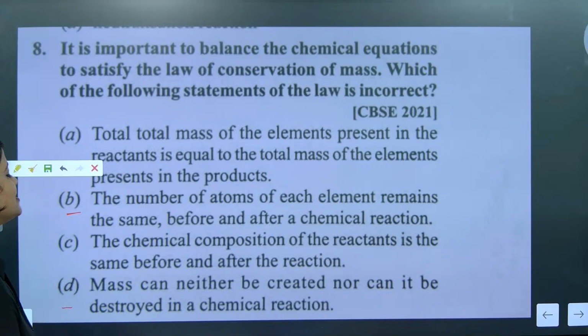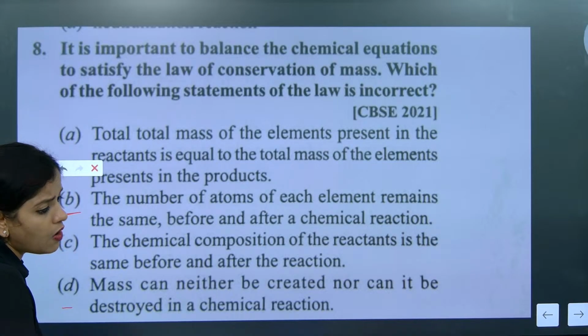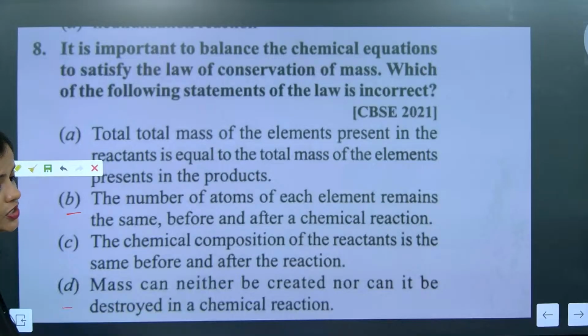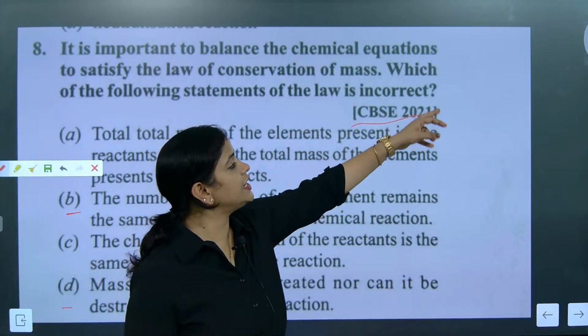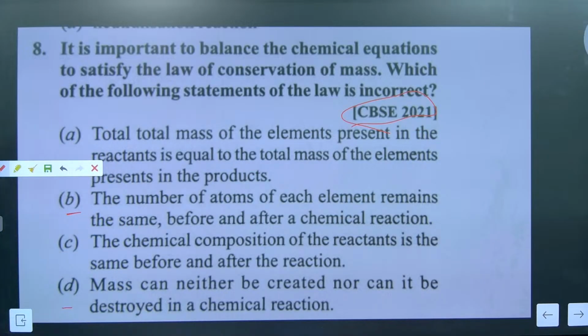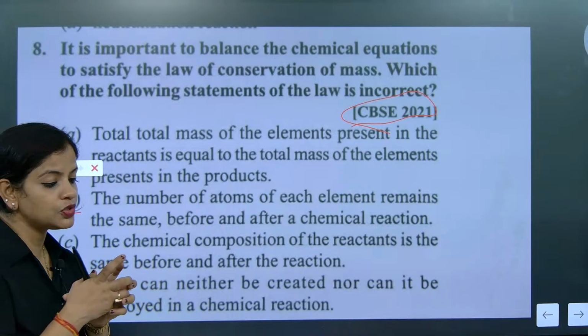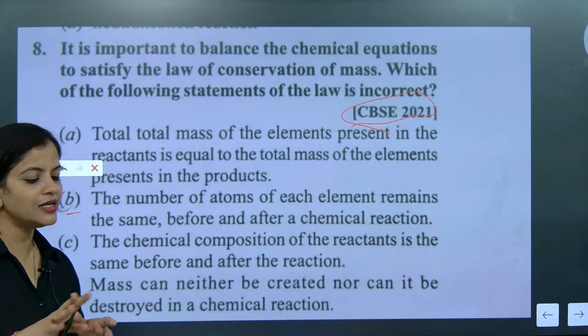Now we will see: mass can neither be created nor destroyed in a chemical reaction. That's again a correct statement only. They are searching for a wrong statement. Please see the question nicely. This is a CBSE 2021 question. The first, second, third and fourth are correct statements.